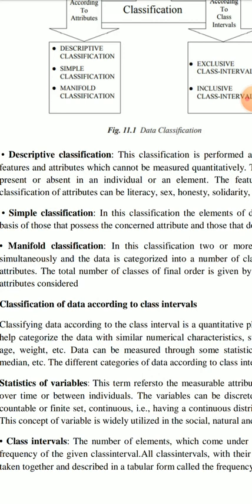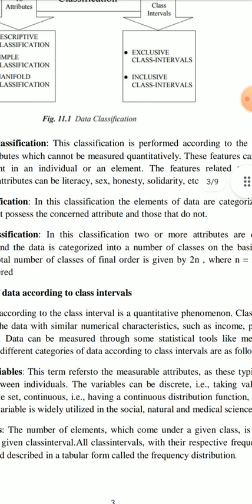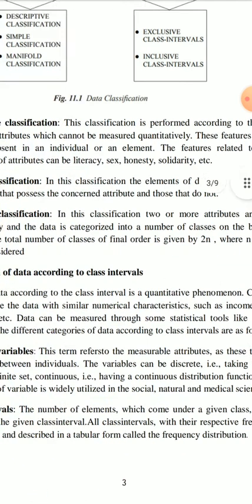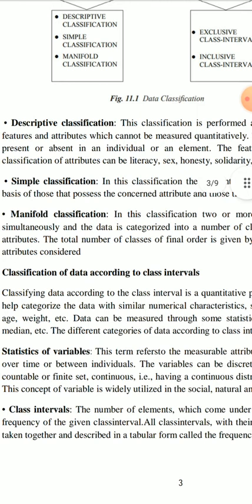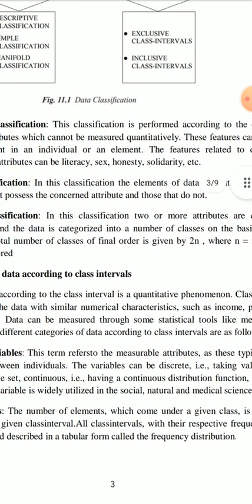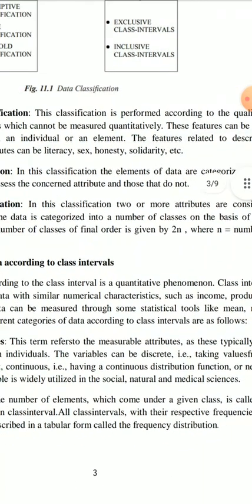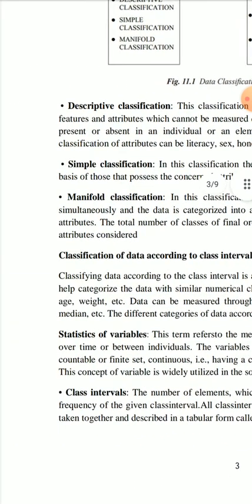Next, come to the point, manifold classification of data. In manifold classification, two or more attributes are considered simultaneously and the data is categorized into a number of classes on the basis of those attributes.